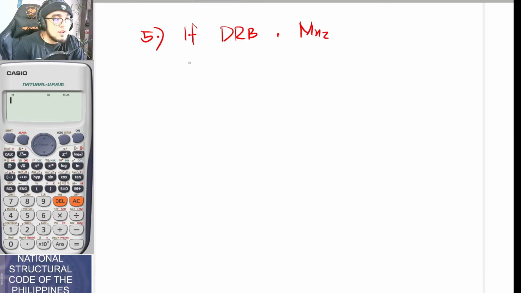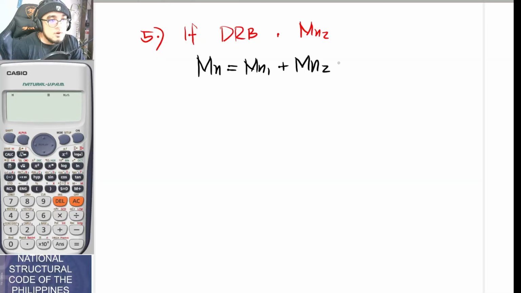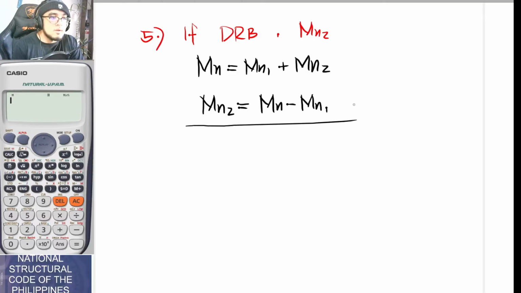If you can remember, the value for your MN is equal to MN1 plus MN2. So solving for the value of MN2, since you already know the value of your MN and MN1, you know these two. So MN2 is now equal to MN minus MN1.